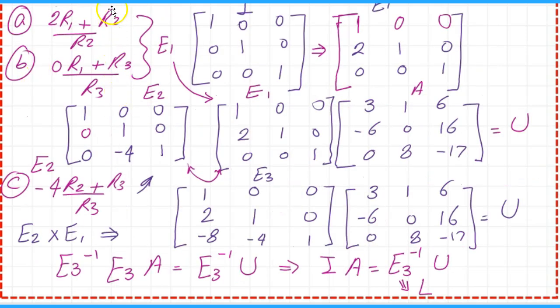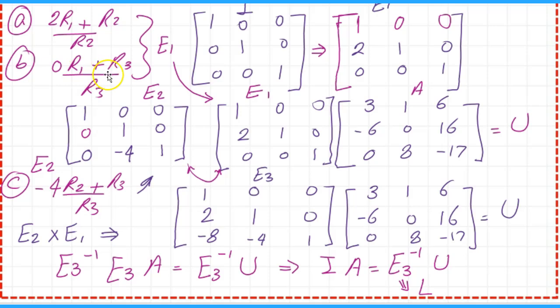This is two operations done in one time. So this is the identity matrix 1 0 0, 0 1 0, 0 0 1. In order to get the E1 that contains these two row operations, we multiply 2 by the first row and add to the second row. So 2 by 1 plus 0 is 2, and 2 by 0 plus 1 is 1, and 2 by 0 is 0 plus 0 is 0.